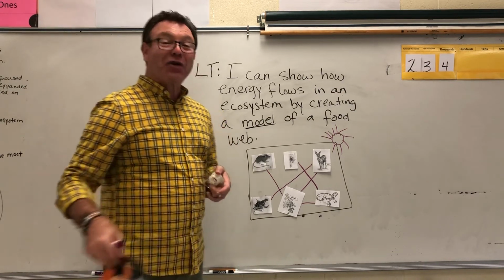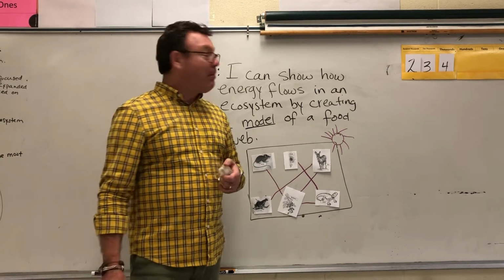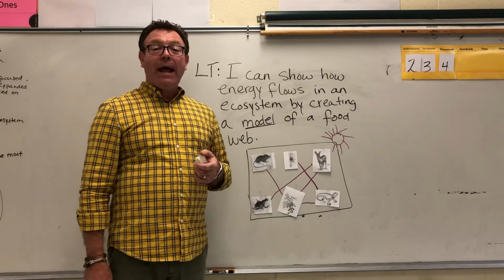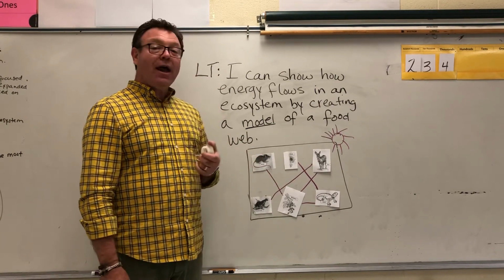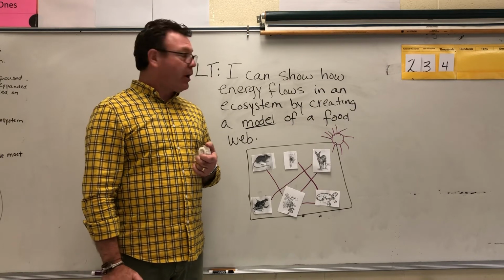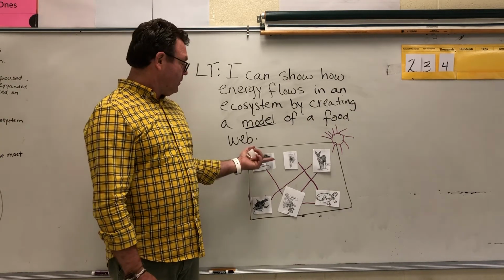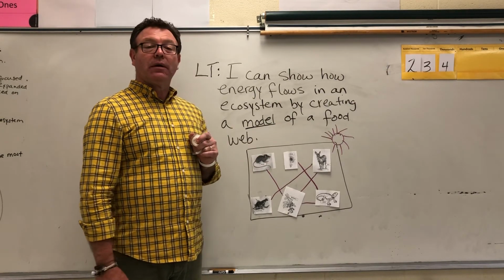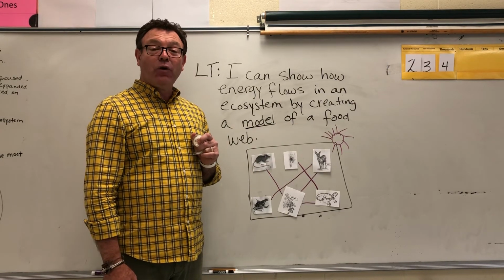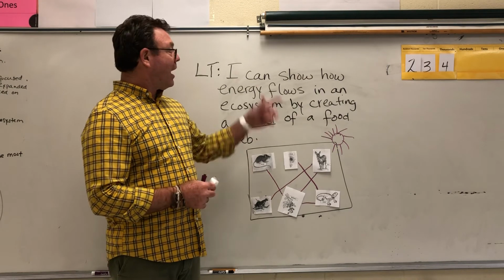So I hope that you had a great time creating that model of a food web, and that now you understand a little bit better or much better how energy flows in an ecosystem by creating a food web that shows how that energy flows.